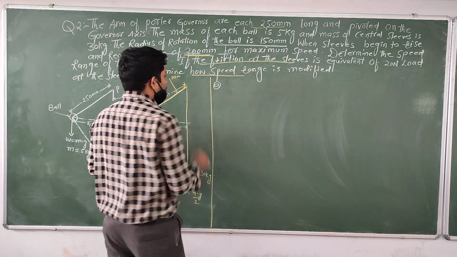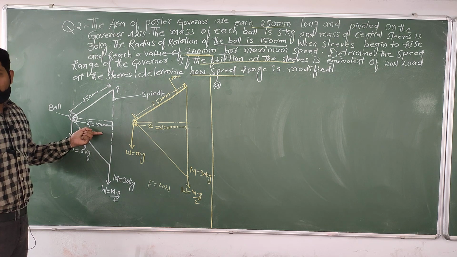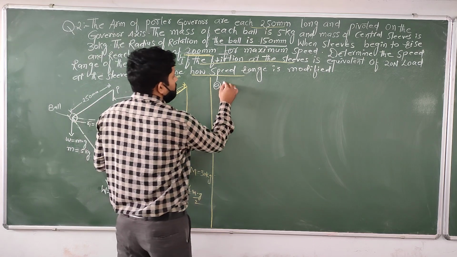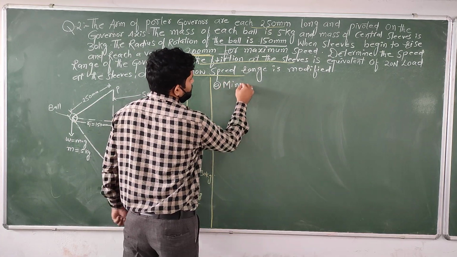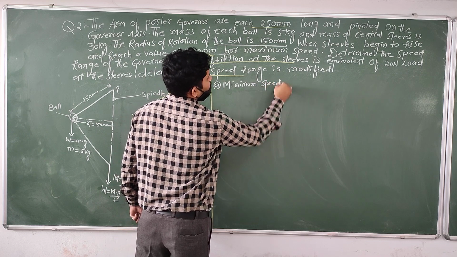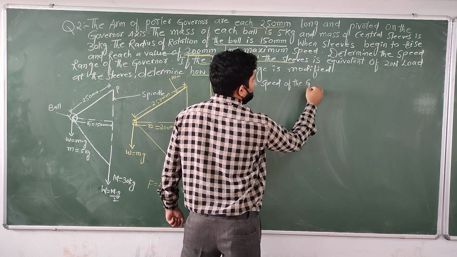First case, here the radius of rotation is less, so this is the minimum speed of the governor.